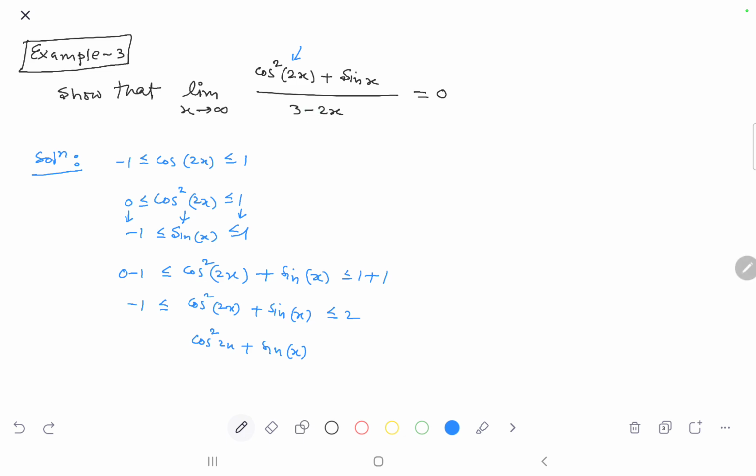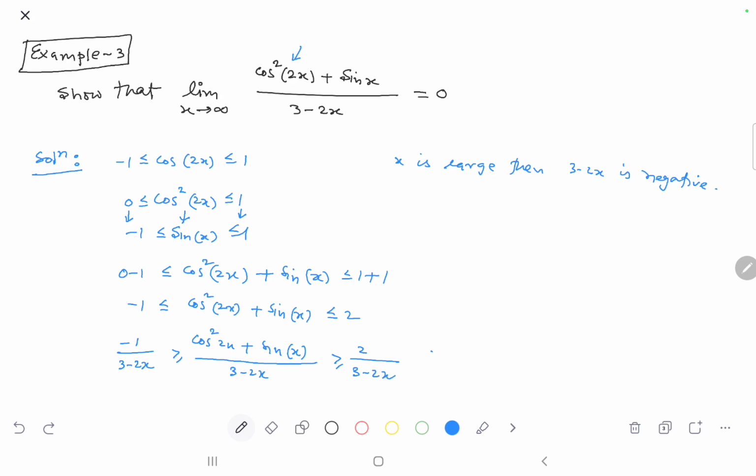Yes, for large x, 3 minus 2x is negative. Do you agree? So you are dividing by a negative number. Then what happens, does the inequality change or not? Yes, so it will be changed. Did you understand the logic?